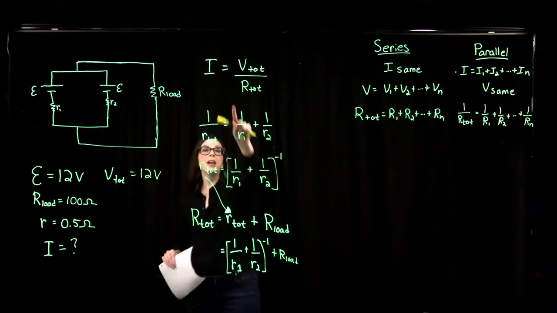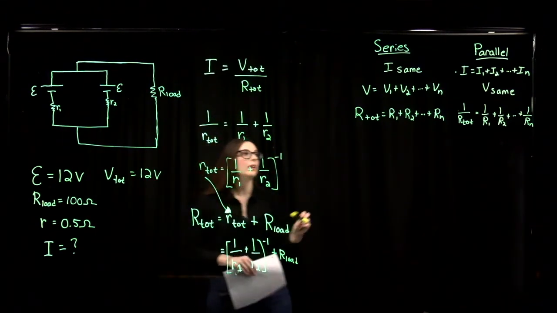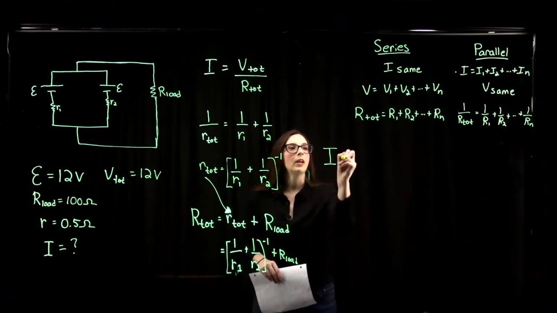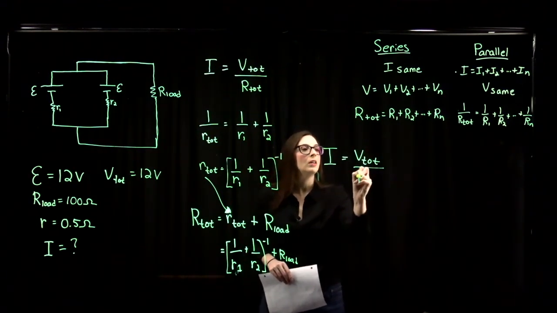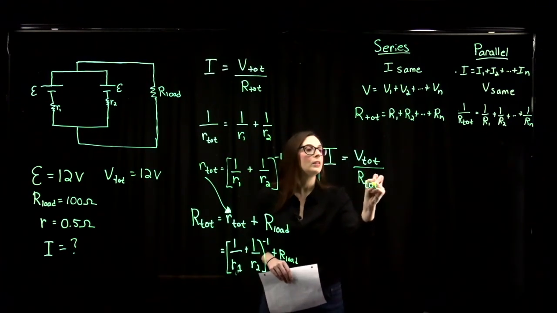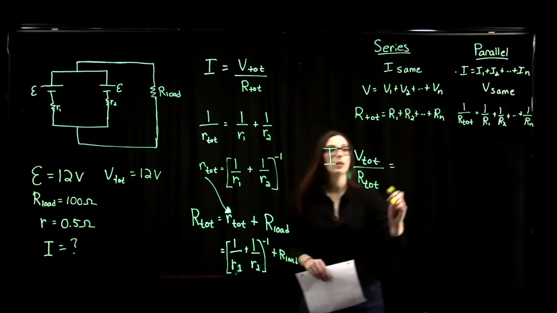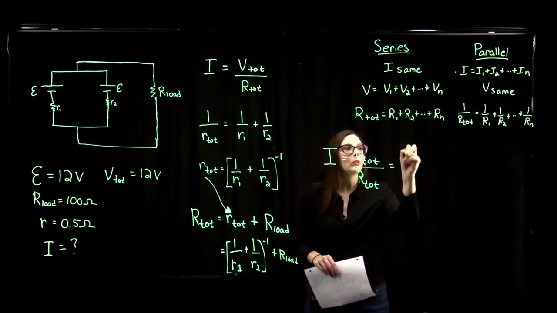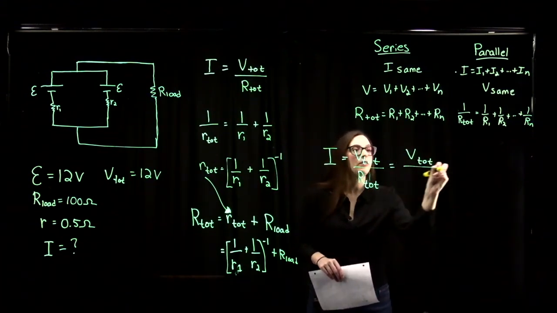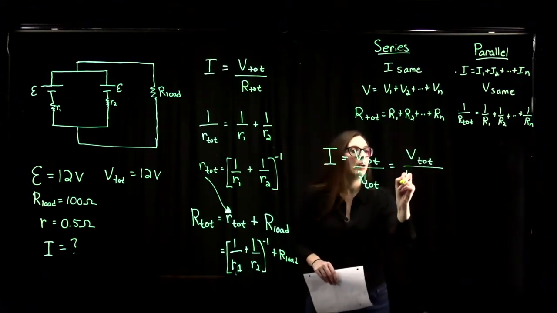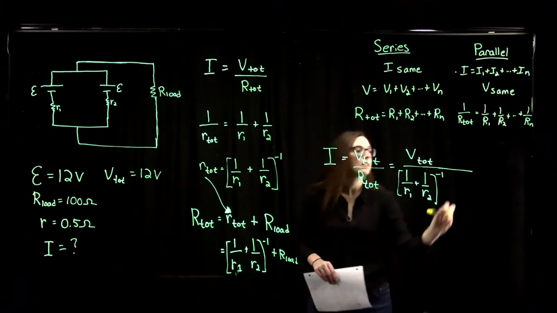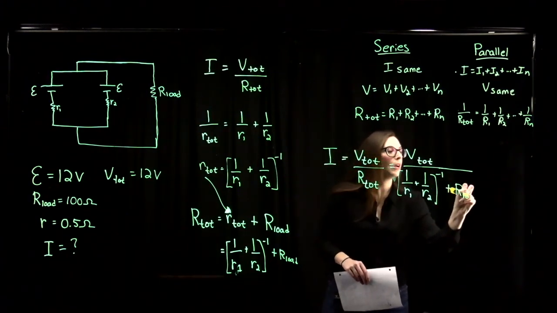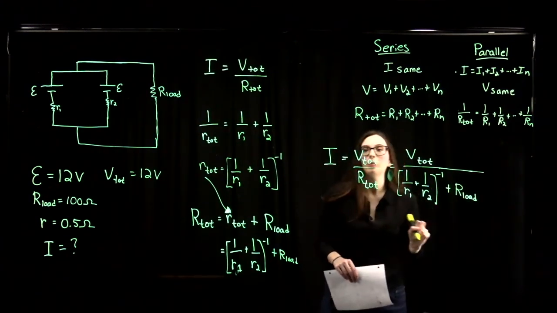Okay, so then I can take my equation for the total current in this circuit. My total current is equal to my total voltage over the total resistance in this circuit, and that will equal V total all divided by (1 over R1 plus 1 over R2) to the -1, the inverse of that, plus the resistance of our 100 ohm device.